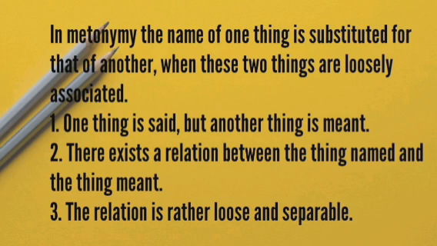meant. Clear? Number 2, the second essential feature of metonymy is that there exists a relation between the thing that is named or said and the thing that is meant. ওকে, একটা রিলেশন থাকতে হবে যে জিনিসটার মধ্যে, সেই জিনিসটার সাথে অন্য জিনিসের রিলেশন থাকতে হবে। You need to have a relation between the thing that has been said and the thing that has been meant. I am telling again and again. Okay, why?